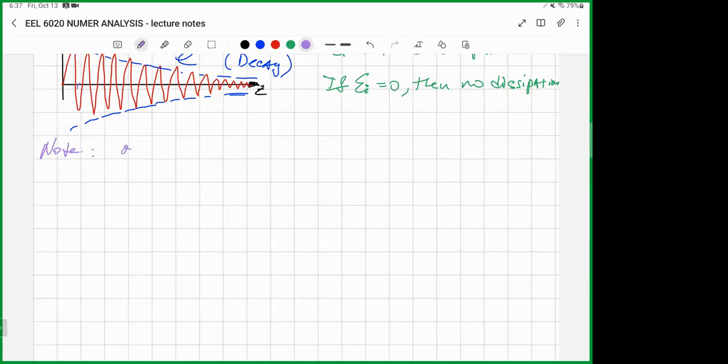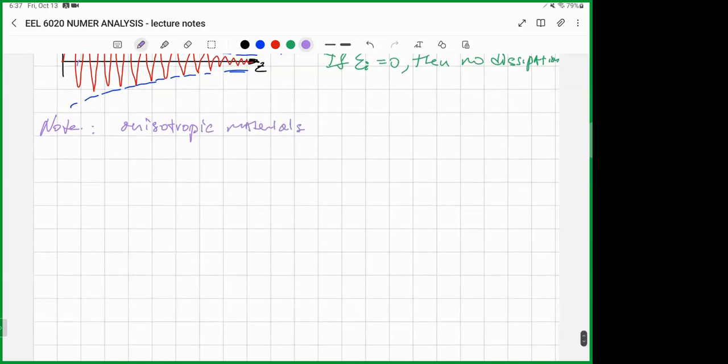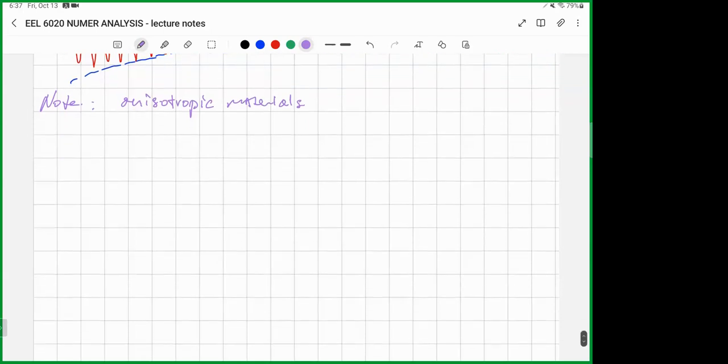Anisotropic materials. So anisotropic materials means that the properties of such materials, like the wave propagation, depend on the direction.